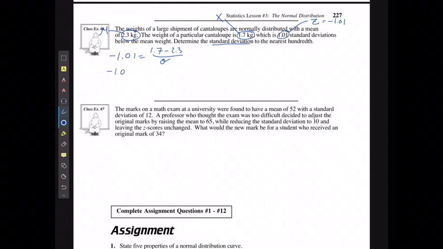Negative 1.01 is going to equal negative 0.6 over sigma. I'm going to multiply both sides by sigma to get out of there. Negative 1.01 sigma is equal to negative 0.6, and then I'm going to divide both sides by negative 1.01. Sigma is equal to 0.59.